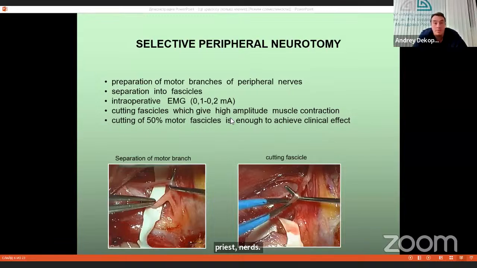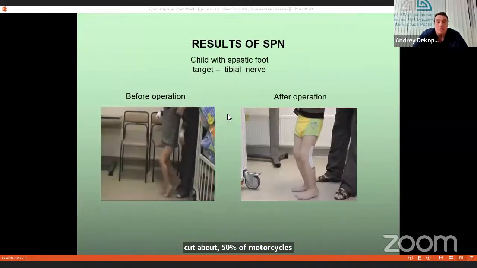At first, we perform preparation of motor branches of peripheral nerves, then divide them into several fascicles, and perform intraoperative EMG. Then we cut fascicles which give high amplitude muscle contractions, and to achieve clinical effect, usually it's enough to cut about 50% of motor fascicles. This picture shows results of selective peripheral neurotomy.